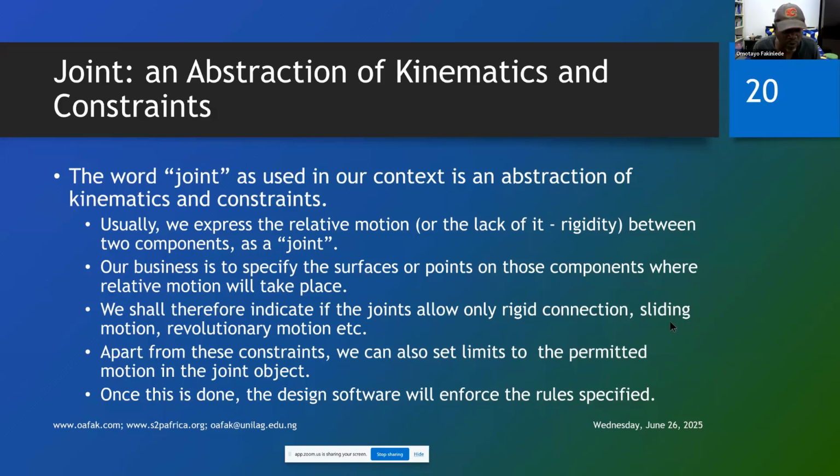Once it gets to 30 degrees, it will stop there. It won't go beyond it. The only way it can go is to come back. Even for sliding motion, we can say let them not slide more than 2 inches from their rest position. Once it gets there, it will stop. Those are the things that can be enforced by Fusion.